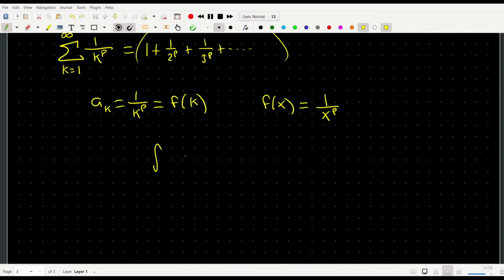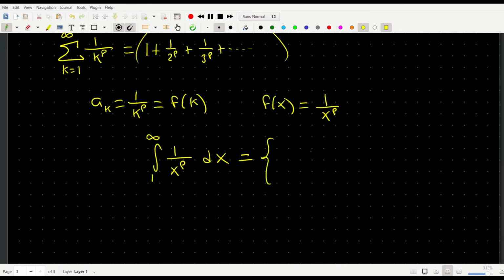So if we look at the integral of 1 over x to the p from 1 to infinity, with respect to x, you'll remember the result from a few lectures ago where we considered integrals of the form 1 over x to the alpha. And sure enough, this integral ends up converging only when this exponent is strictly greater than 1.